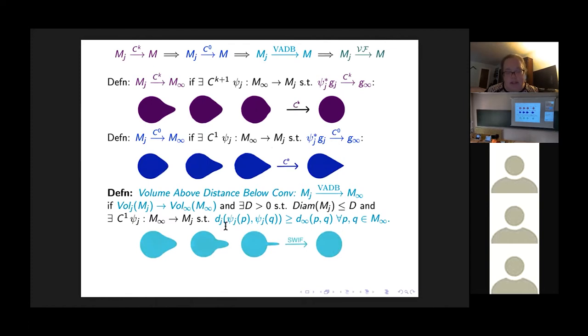The nice thing about this notion of convergence is it's rather easy to study. It doesn't require a deep knowledge of geometric measure theory. Any graduate student can start immediately asking what can I know about a sequence of manifolds if I assume M infinity is smooth and I assume that the MJs go to M infinity in this process. So these are relatively easy notions of convergence to start studying.